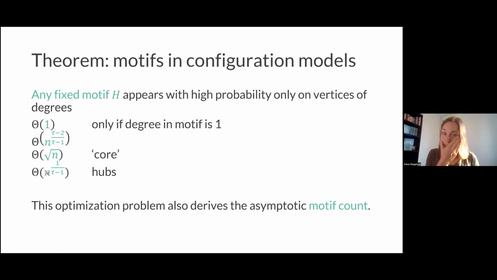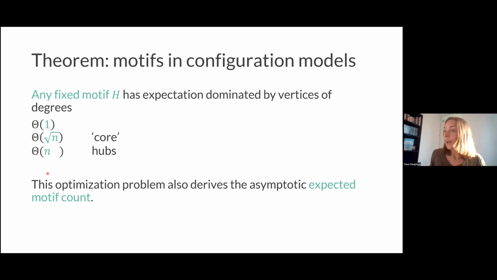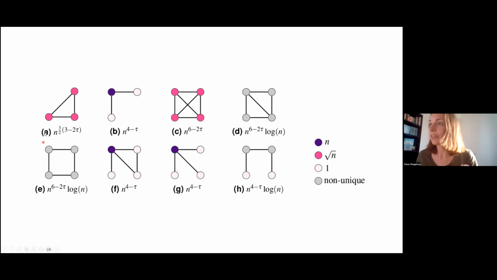And then using this, if we know where in a network they appear, we can also compute how many subgraphs we expect to see. And the same holds for the average number of subgraphs. Let me give an example, which I hope makes this a little clearer. Here I listed all connected subgraphs, so possible motifs, of size 3 and 4.